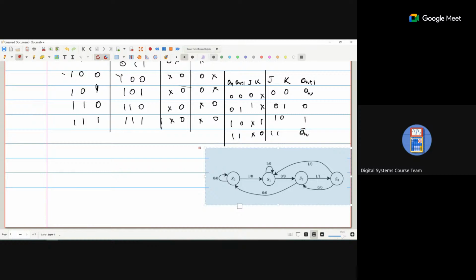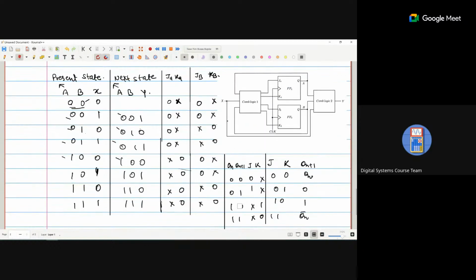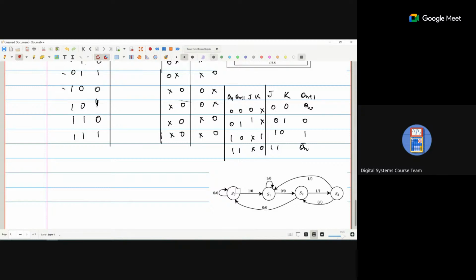Now if we draw the table for this one, the next state will be changed. I assume S0 as 0 0, S1 is 0 1, S2 is 1 0, and S3 is 1 1.